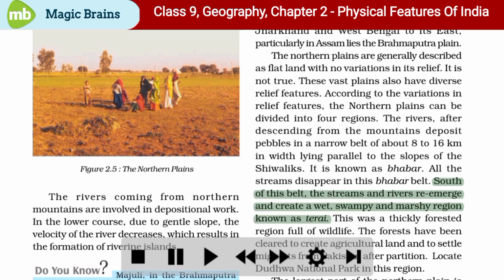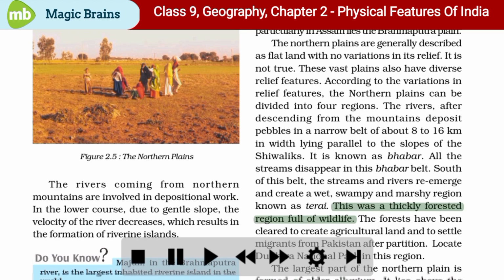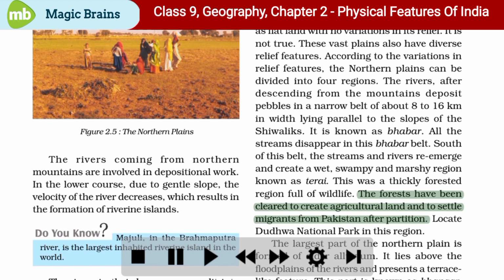South of this belt, the streams and rivers re-emerge and create a wet, swampy and marshy region known as Tarai. This was a thickly forested region full of wildlife. The forests have been cleared to create agricultural land and to settle migrants from Pakistan after partition.